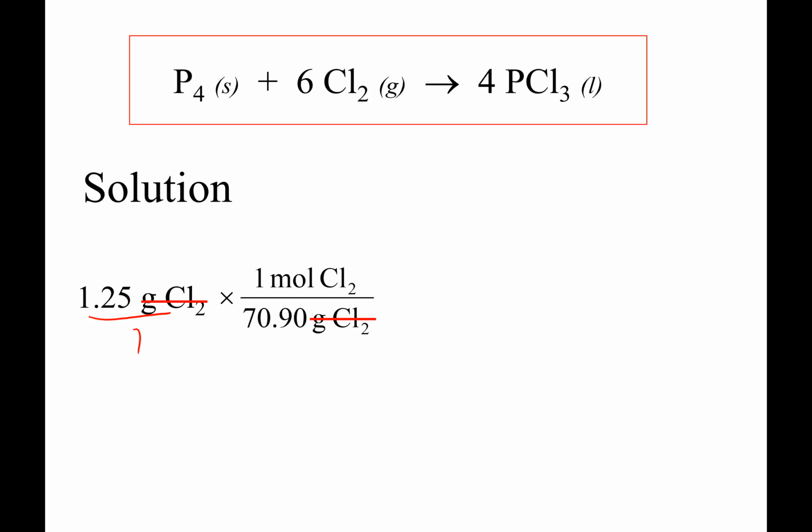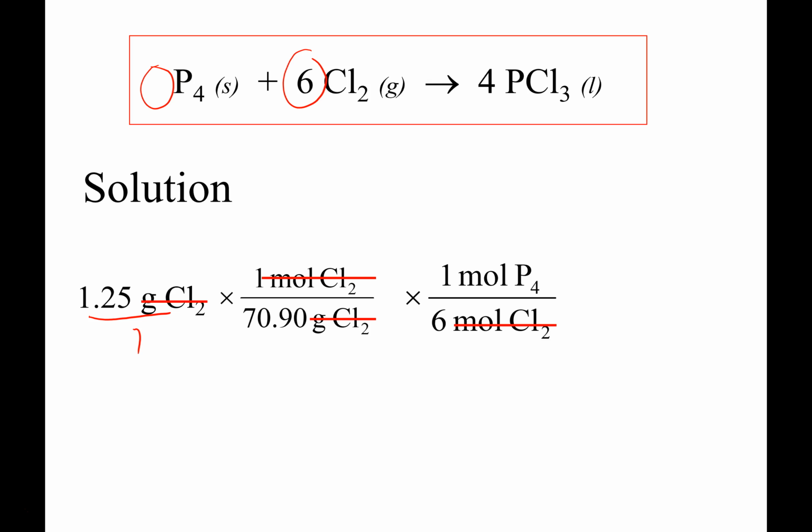We're going to use the relative amounts of Cl2 and P4. What does that stoichiometric ratio look like? Yep, 1 mole of P4 over 6 moles of Cl2. Don't forget to label your stuff. Yes, very good.